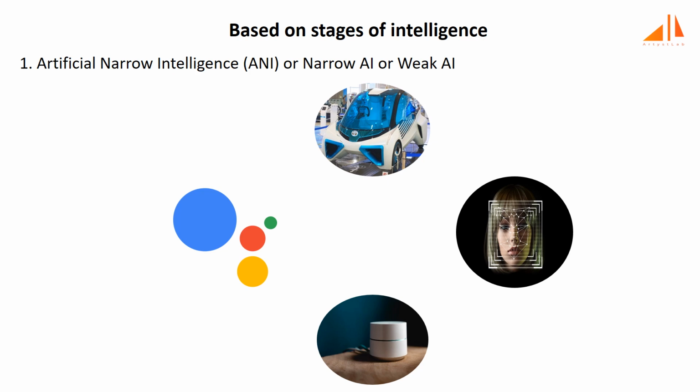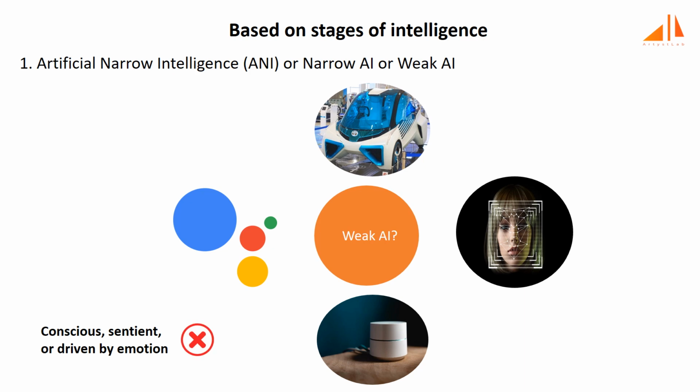You may think that these are not weak but very powerful and efficient tools because of their ability to interact with people. But the reason that we call them weak AI is because these machines are nowhere close to having human-like intelligence. Unlike general or strong AI, which I'll discuss further, narrow AI is not conscious, sentient, or driven by emotion the way we humans are.